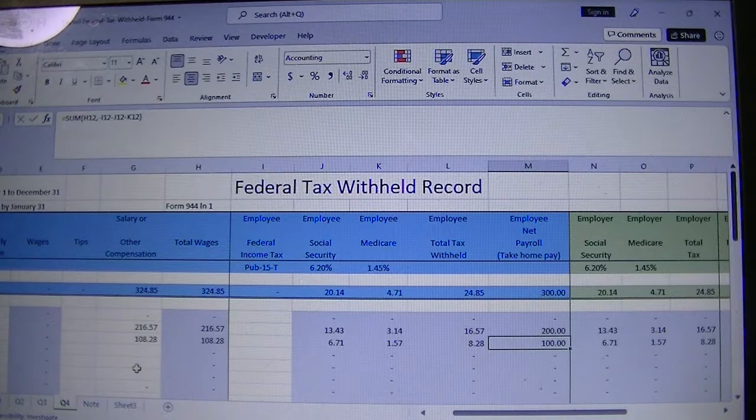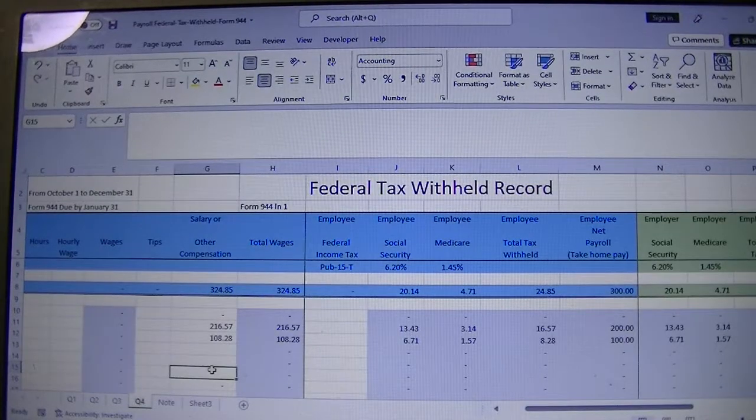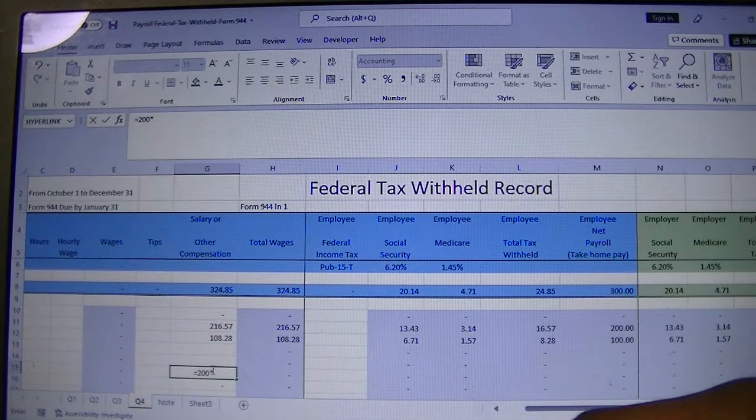If I paid $200 to myself, you take that $200 times, and then you open the parentheses and put 1 minus, and that minus will be the sum of those two taxes that you should have withheld from it, the Social Security and Medicare.